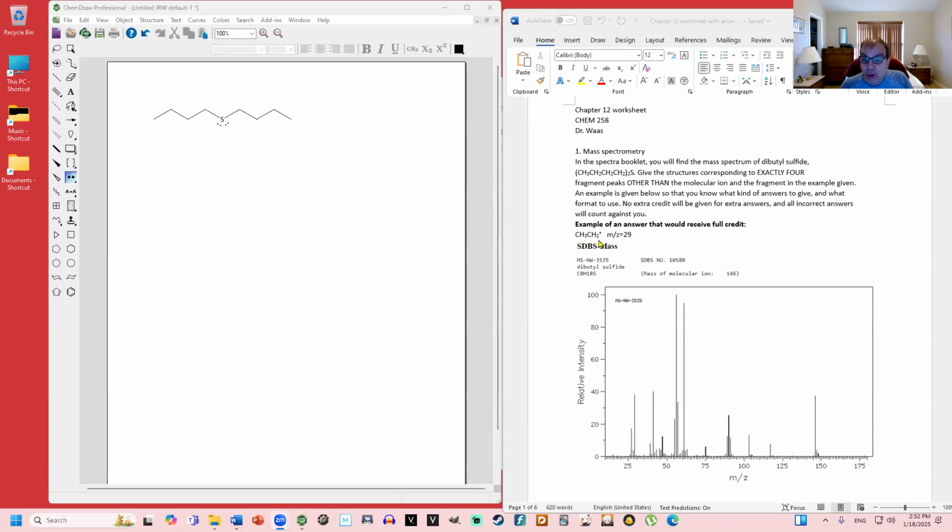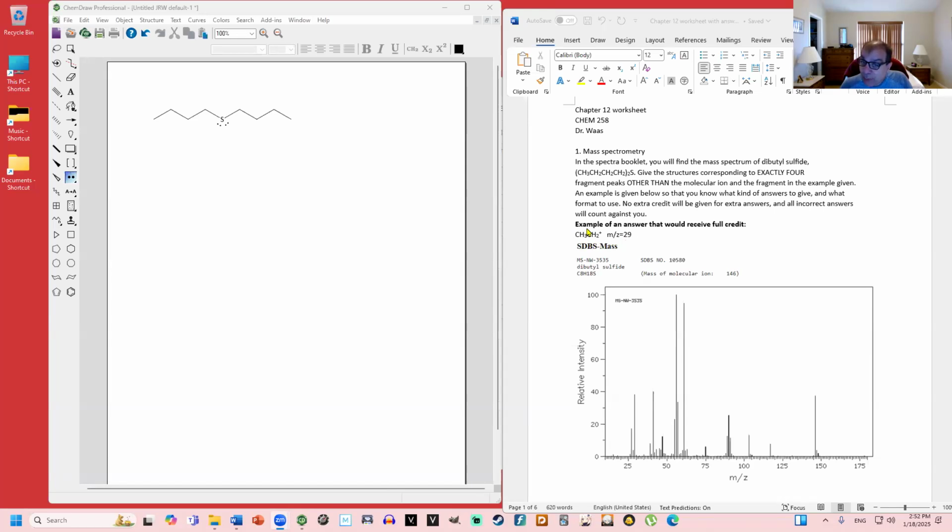This has 2 carbons and 5 hydrogens. 2 times 12 for the 2 carbons is 24, plus 5 for the 5 hydrogens is 29. So we wrote the structure, then said m over z equals, and then the total mass of the fragment.